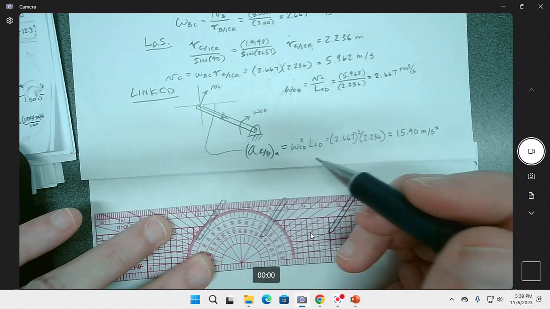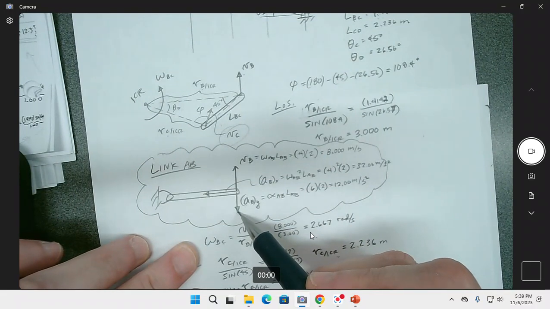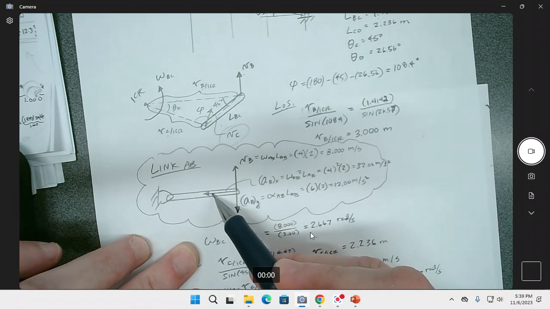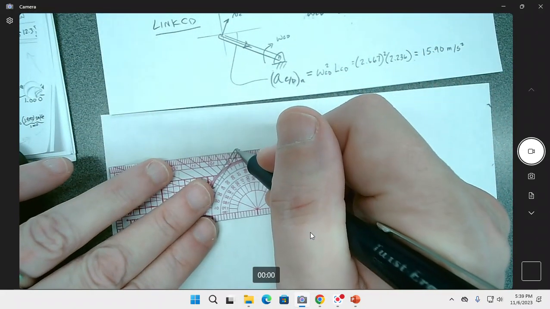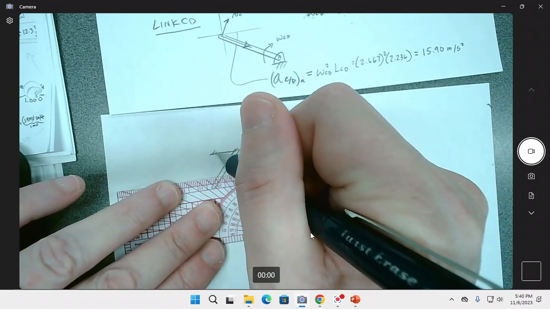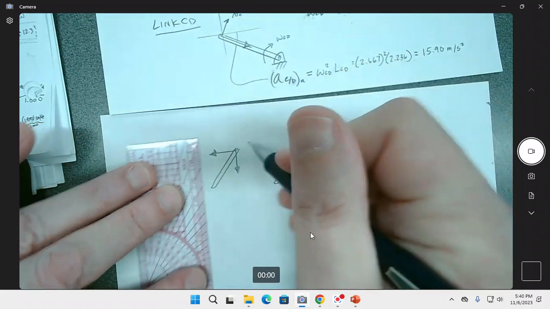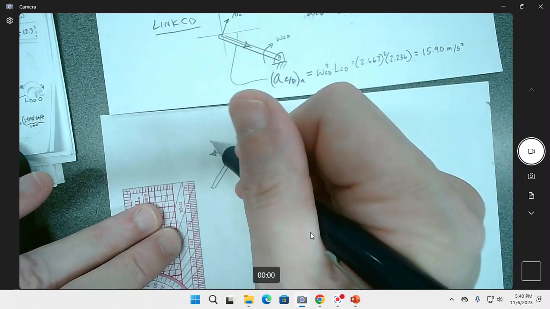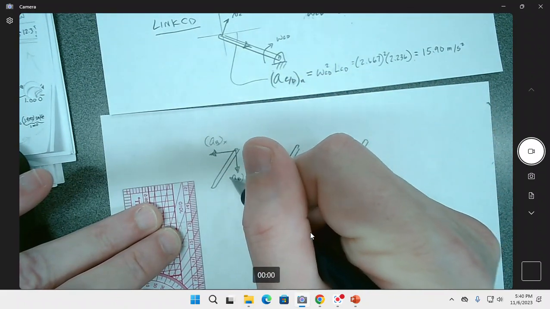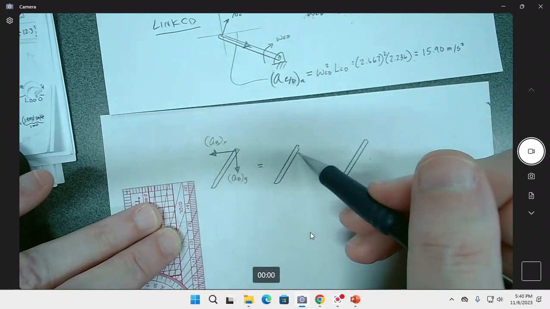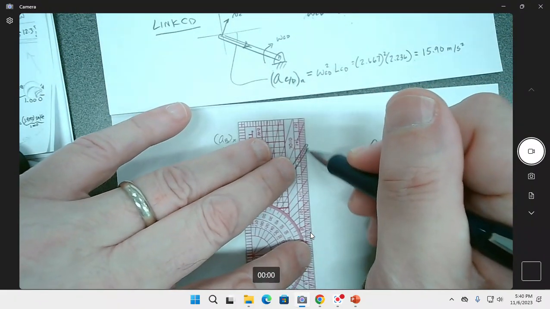If you'll recall, we had an acceleration down this way, and an acceleration to the left at this joint. Here is to the left, and here is down. I'll call it AB X, AB Y, and we're going to put that on both of these, not the one on the left.